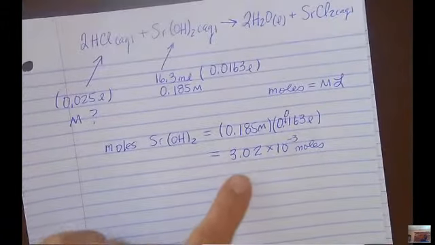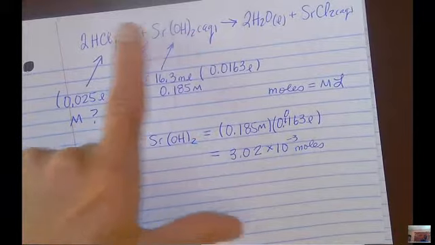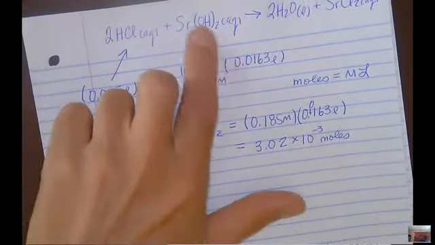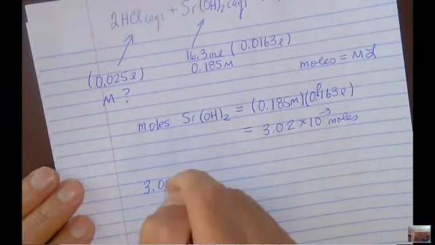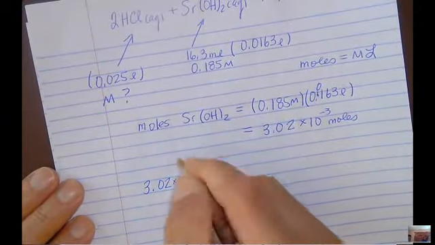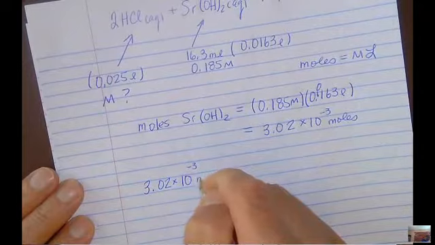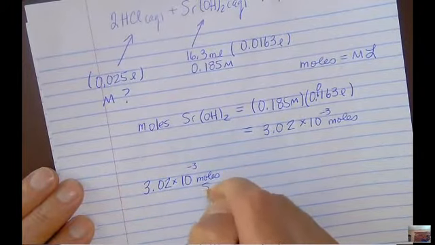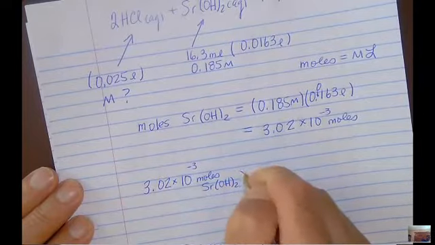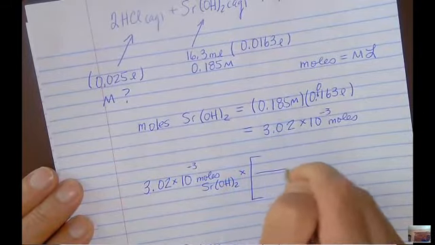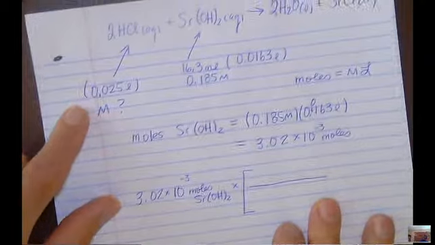Well, if I have moles of this, I can get to moles of this. Just look at the balanced equation and relate them. So here we go back to our stoichiometry that we've been doing all year, or not all year, but at least the last month or so. This is moles of what substance? Sr(OH)2 times, look at the coefficients of the balanced equation.